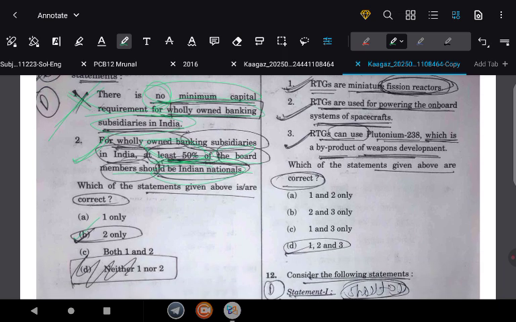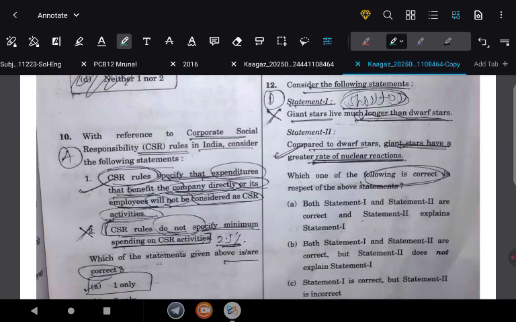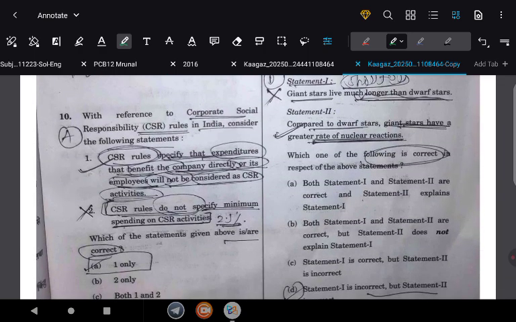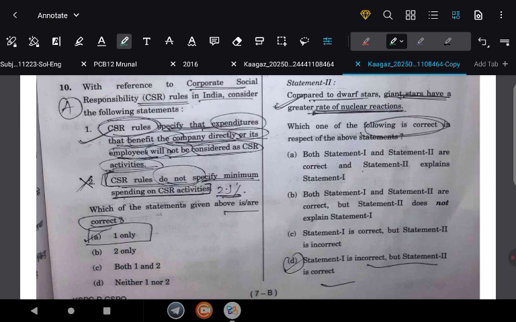So let's move ahead. The next question is with respect to CSR in India. The following statement: CSR rules specify that expenditures that benefit the company directly or its employees will not be considered as CSR. Fair enough, because if it is benefiting the company itself, it would be similar to greenwashing or some concept like that, where it is not actually helping the environment or society.